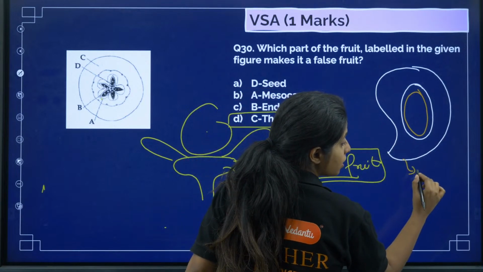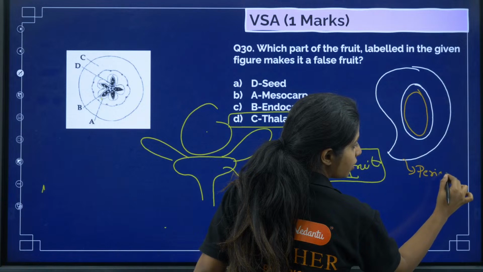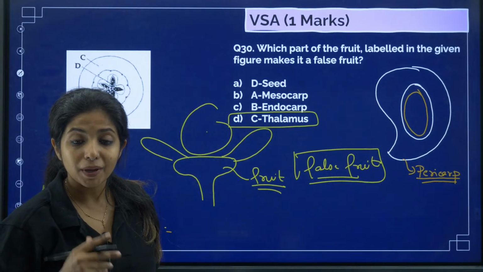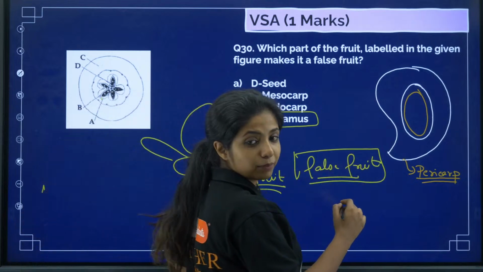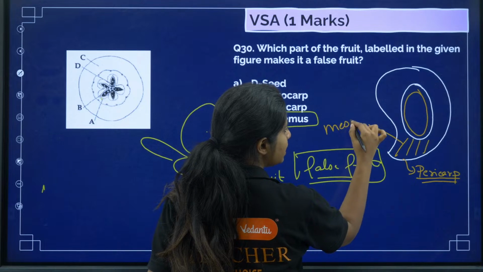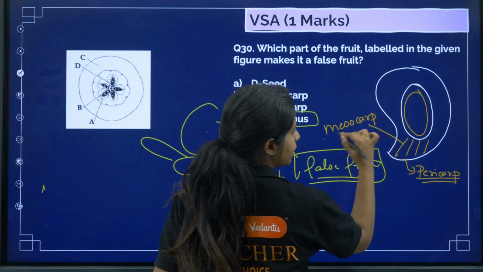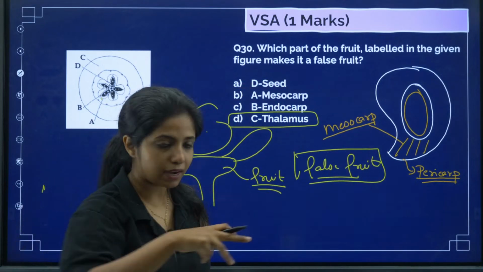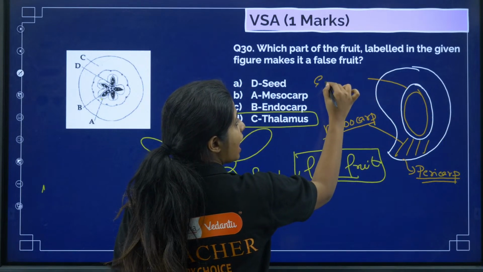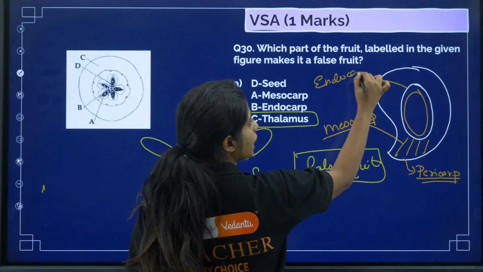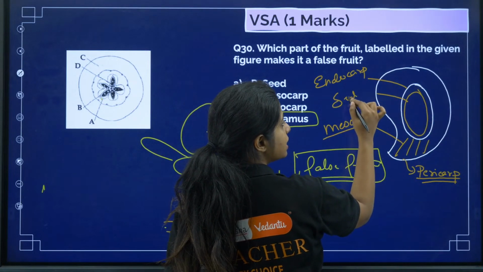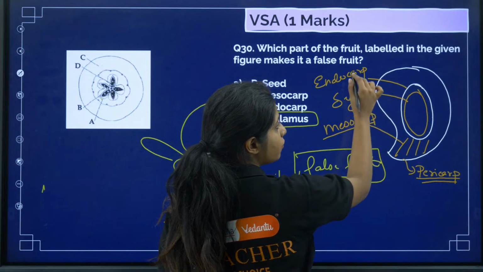So the outermost covering is known as pericarp. And the thing that we eat, yum yum yum, you call this mesocarp. Now, the seed is present inside a toughened structure which is known as endocarp. The seed will have its own seed coat, my dear children. That is different from endocarp.